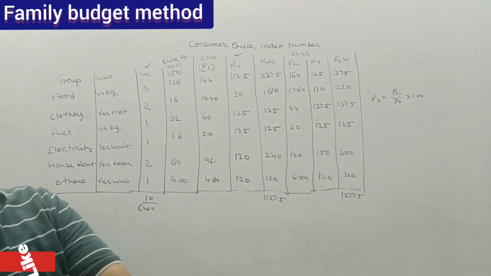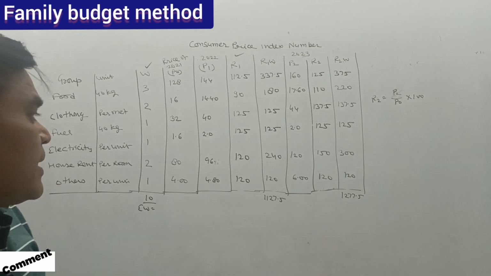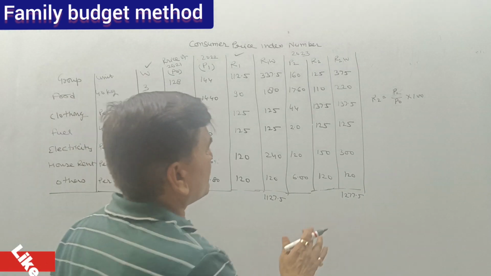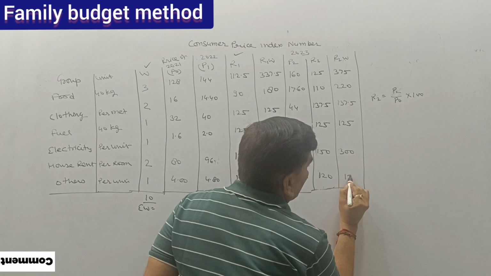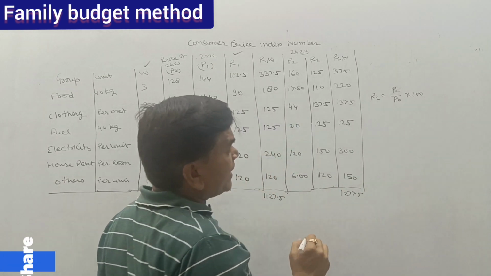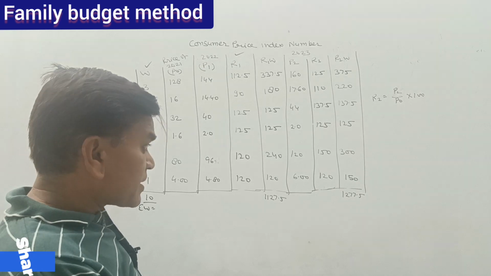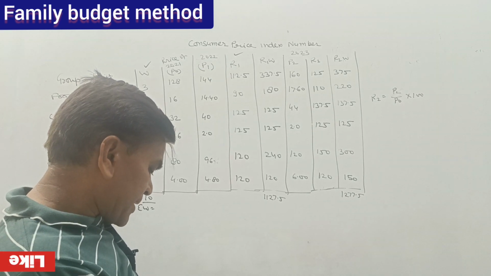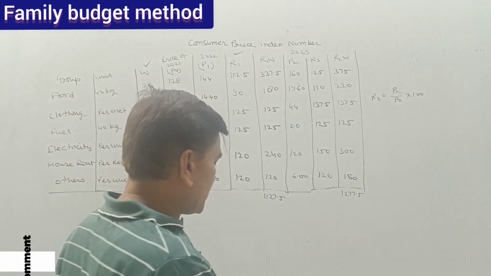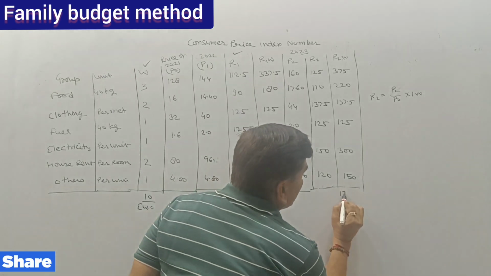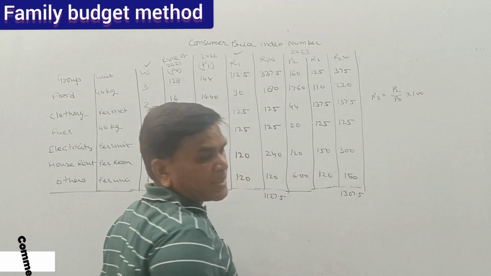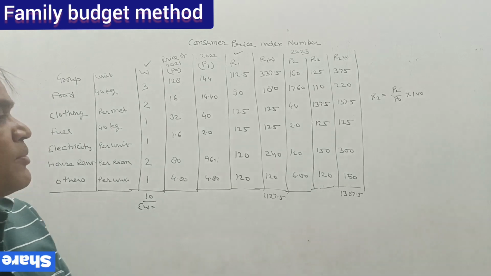No problem at all. 6 divided by 4 is 150. Adding this 30, 1277.5 plus 30 is 1307.5. The answer in the book is 1307.